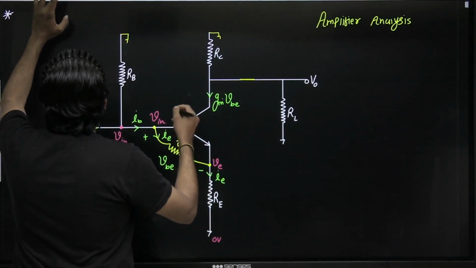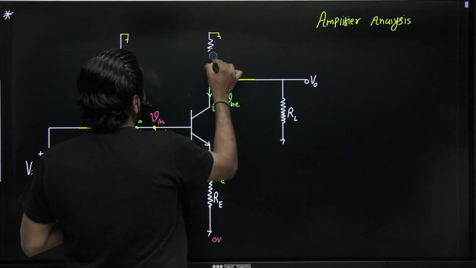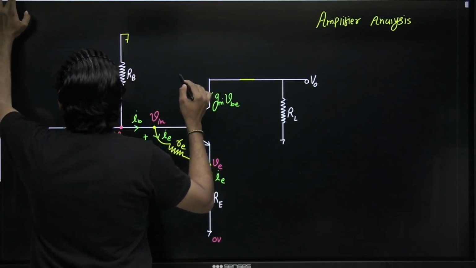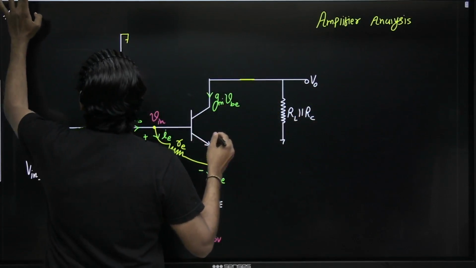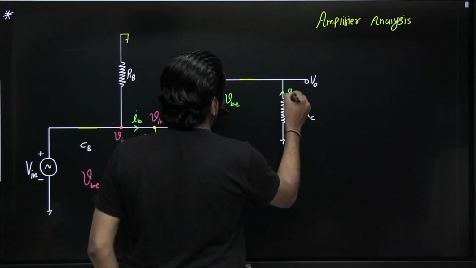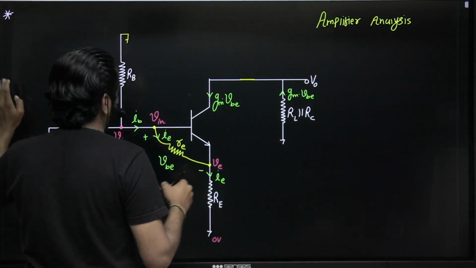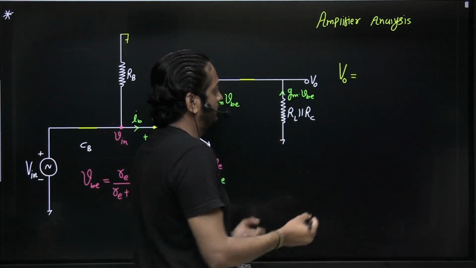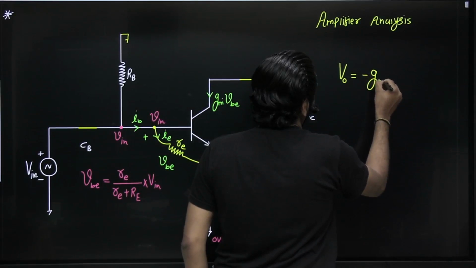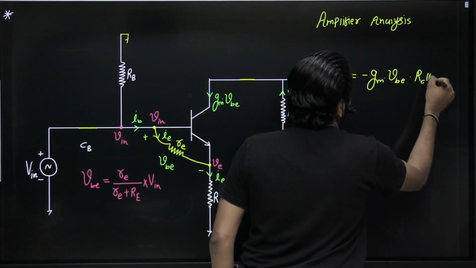Now here RC and RL are both in parallel. You can see, simple network theory concept. RL and RC are connected in parallel, through which the gm VBE current is flowing, from ground to the Vo node. So what is the output voltage? Since the current is flowing from ground, we take it negative. So minus gm VBE into RC parallel RL.